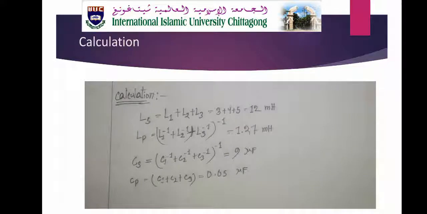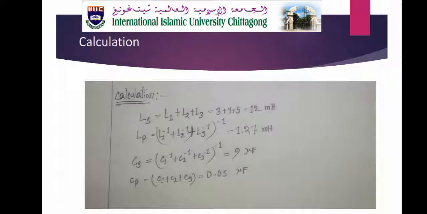Calculation. We know LS equals L1 plus L2 plus L3. Putting the values of L1, L2, L3, we get 3 plus 4 plus 5 equals 12 mH. And we know LP equals the inverse of L1 inverse plus L2 inverse plus L3 inverse.